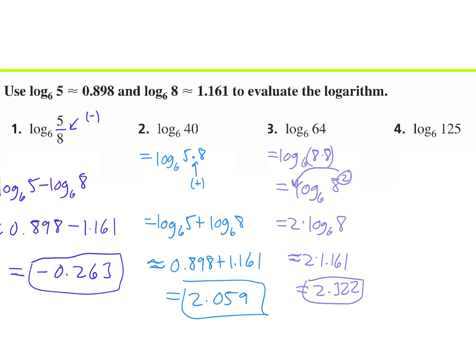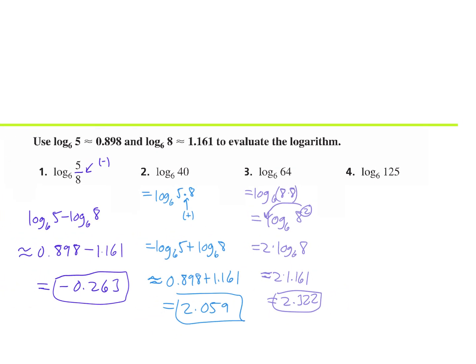All right, and then same thing for number 4, log base 6 of 125. I don't know what that is, but I do know that 125 can be rewritten as 5 times 5 times 5, or 5 cubed, right? So this is going to get us log base 6 of 5 to the third power. And then this 3 can go right in front of our log base 6 of 5.